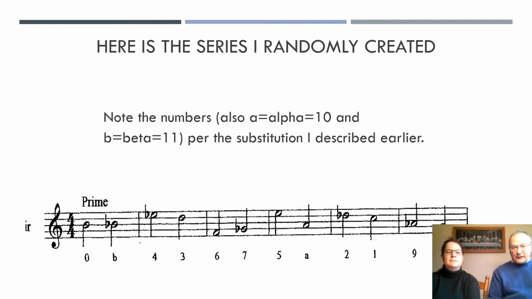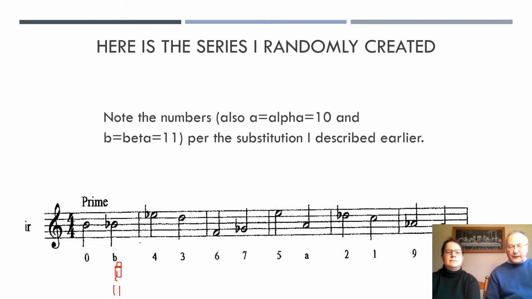Because alpha and beta were kind of tough to get, Cindy used a B in place of the beta, or you can also use an 11.